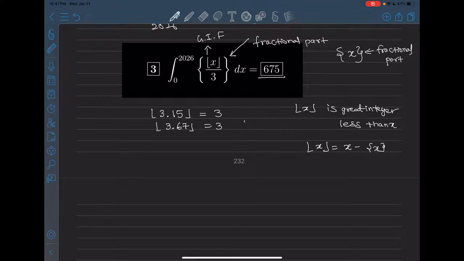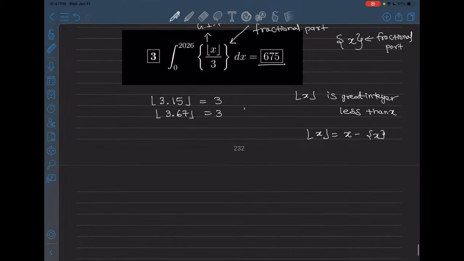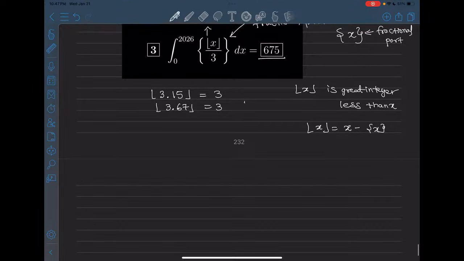So let's see how we can do this. First of all, because there's this fractional part function, I can essentially write this integral as the integral going from n to n plus 1, with n going from 0 to 2025, and then the fractional part, I will tell you why I did this, over 3 and then dx.